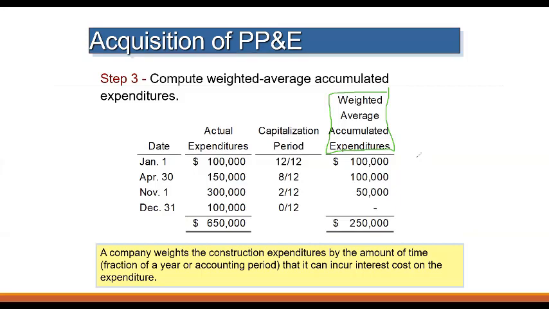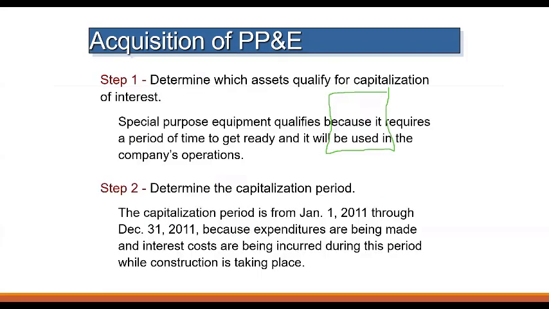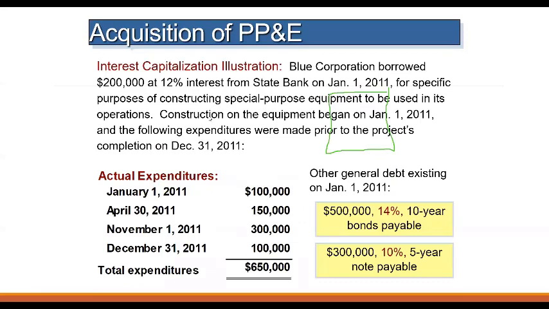This is the average for whatever I paid during the period of construction. The first payment made by the company was on January 1st, 2011 for 100,000, and we finished the project on December 31st, so this payment stayed for 12 months.